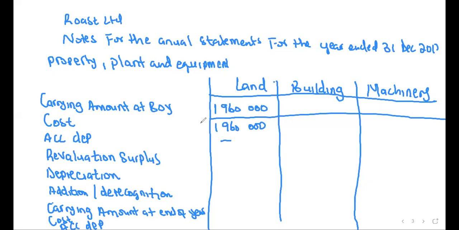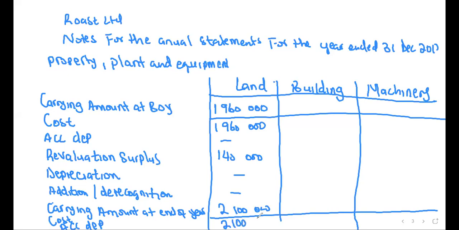So we take the 140,000. There is no depreciation. There is no addition. So we need now the carrying amount. So this plus this is going to give us the carrying amount, which is 2,100,000. The cost is 2,100,000. There is no depreciation for the land.